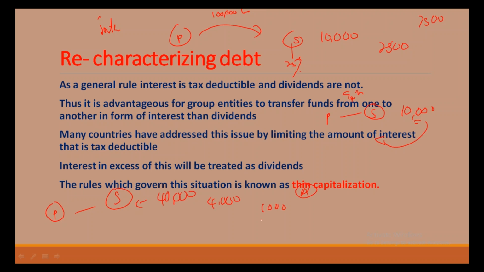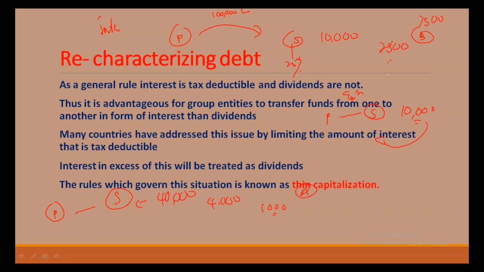Now look at scenario A and scenario B. When the subsidiary goes and gets a loan from a bank, they can get a maximum of 40,000, and they can only claim 1,000 as interest tax deduction. But when they borrowed from the parent, they are going to claim 2,500.